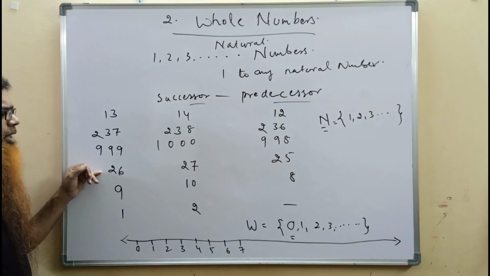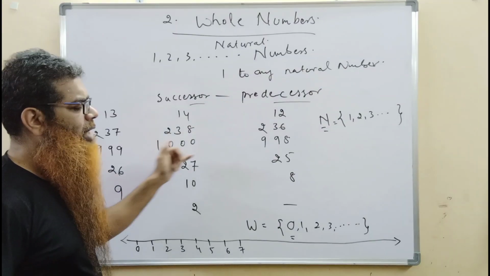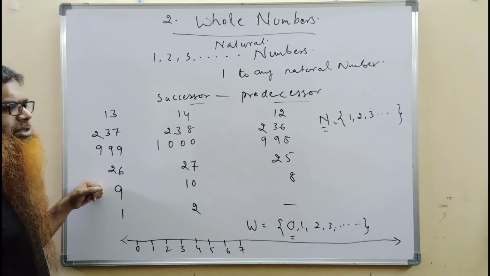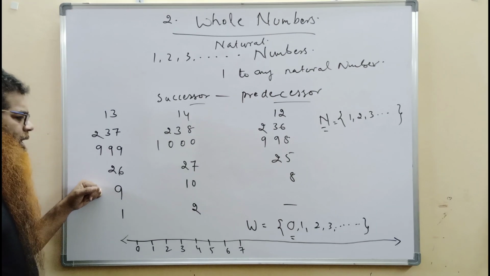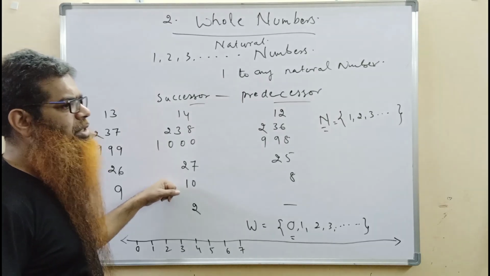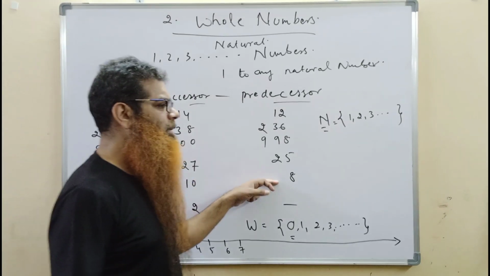Then we have 26, its successor is 27 and its predecessor is 25. Then we have 9, the largest single-digit number. Its successor is the smallest two-digit number, that is 10, and its predecessor is 8.